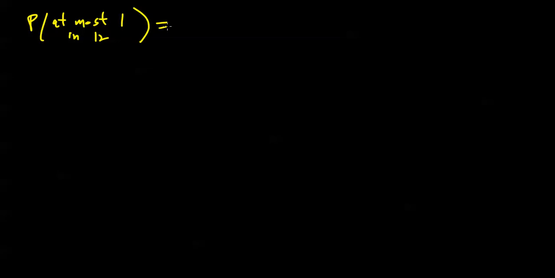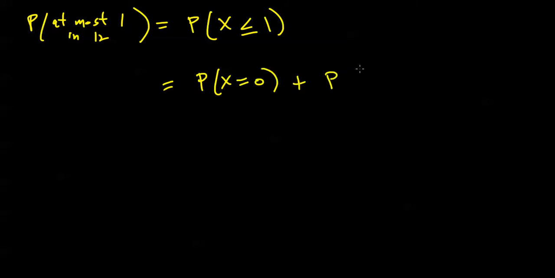Well, what does at most 1 mean? That means 1 or less, doesn't it? That's really the probability that x is less than or equal to 1, is it not? And how many possible values of x do I have less than 1? Well, there's only one. That's the 0 case, to which I can add the 1 case.